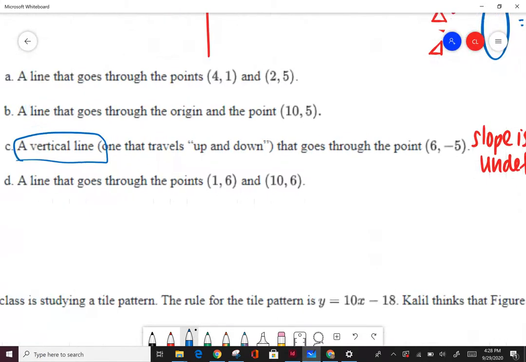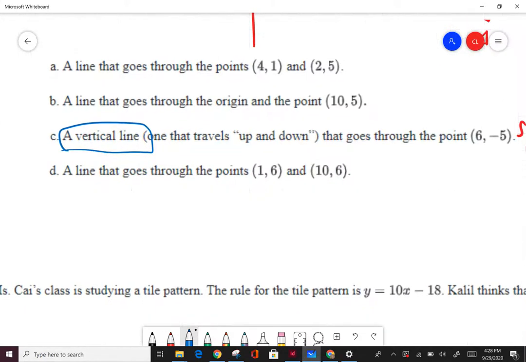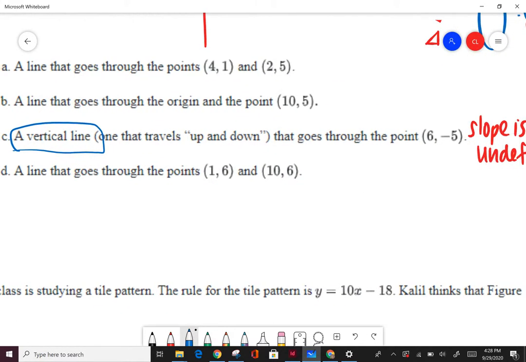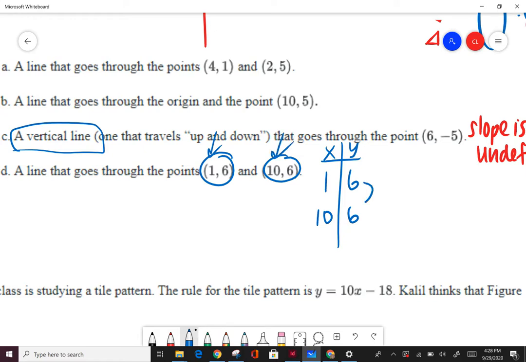Okay, next one. This one says a line that goes through the points 1, 6, and 10, 6. So again, I'm going to do change in y over change in x. I'm going to write the 1, 6 first. I'm going to write 10, 6 next just because I like it to be in order in terms of x. Our change in y is 0, and our change in x is 9.